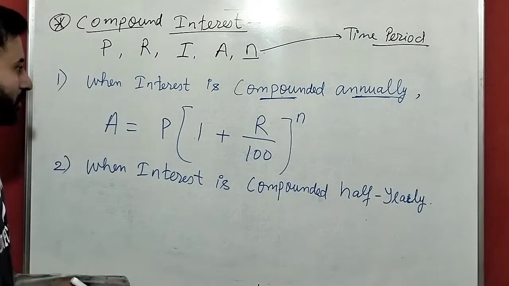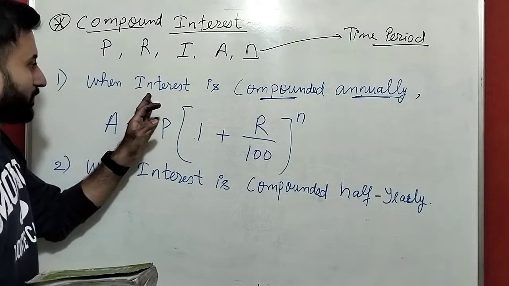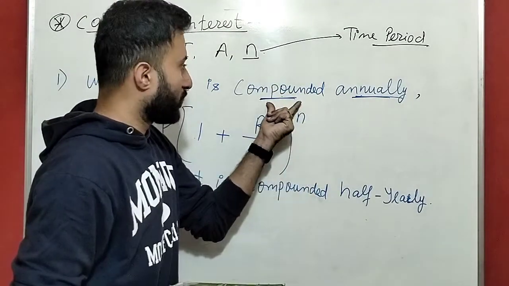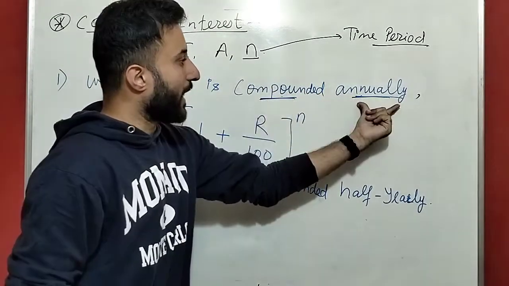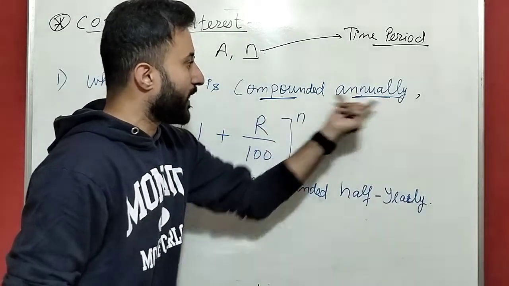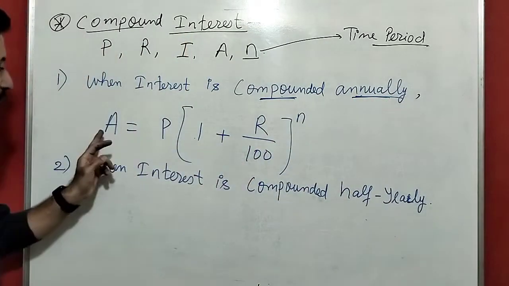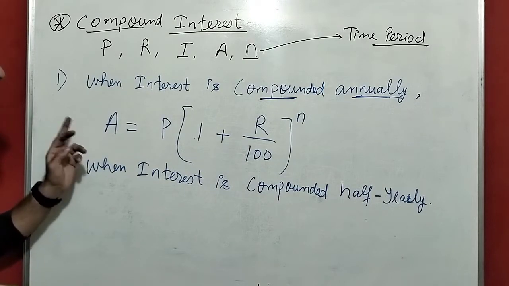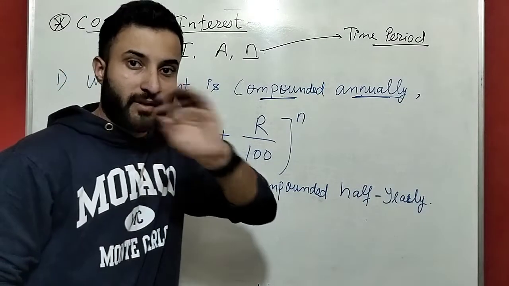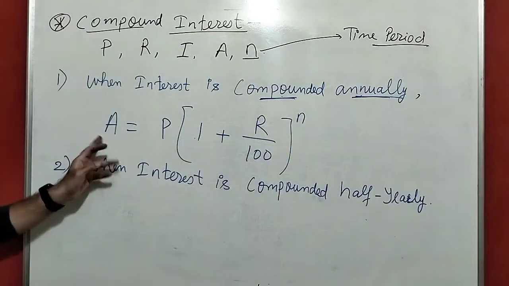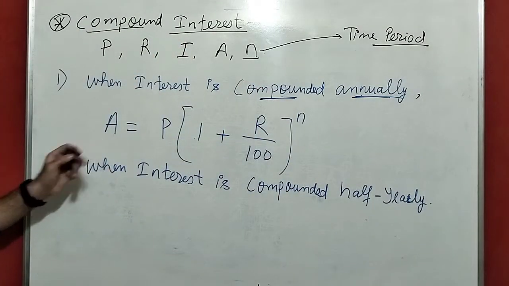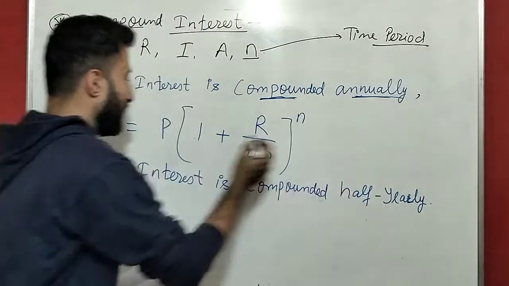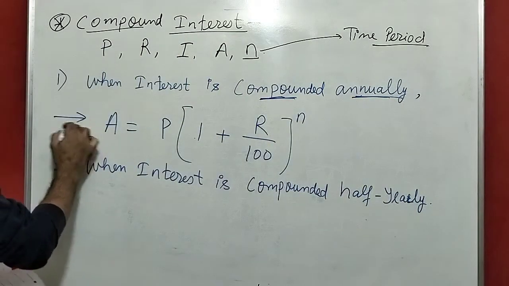See here, when compounded annually, read the question and find this out. If they have given compounded annually, apply this formula and find the amount. Keep in mind, here we are finding the amount, not the interest. So when interest is compounded annually, the amount is this.